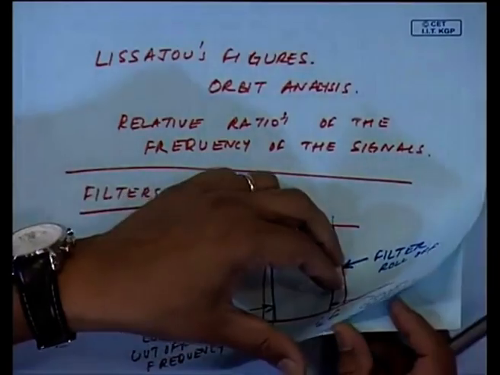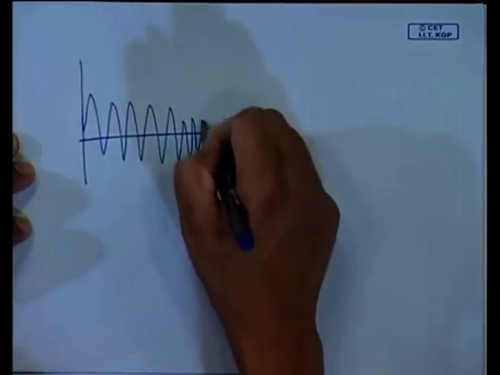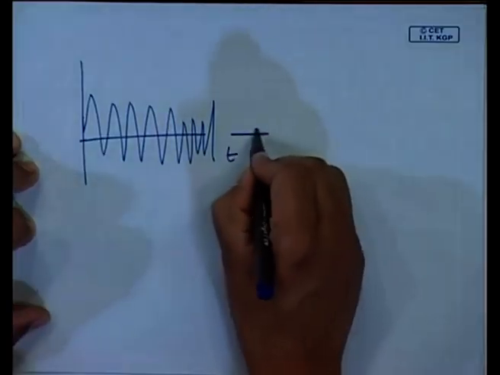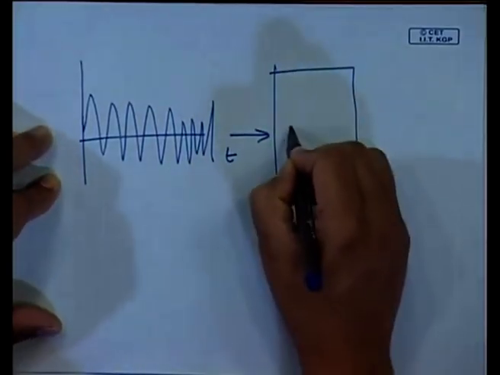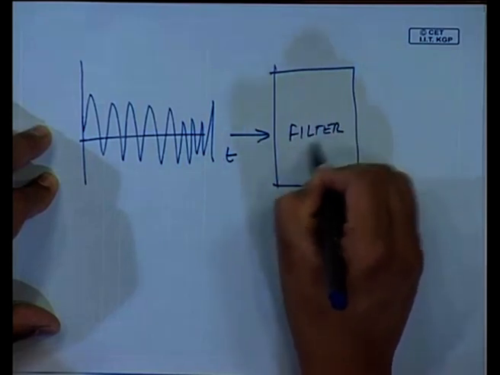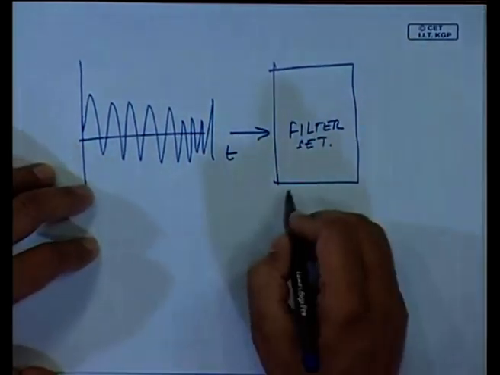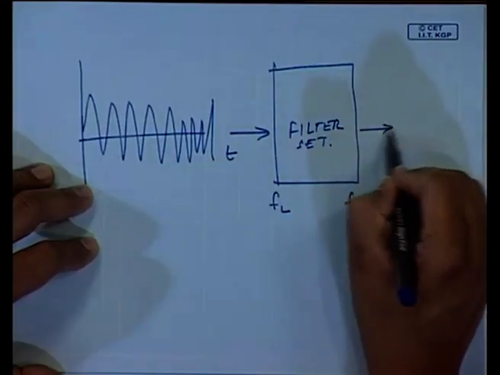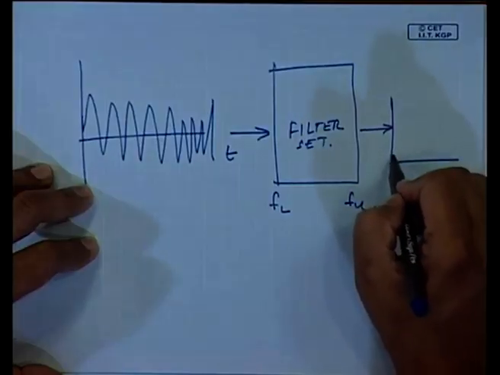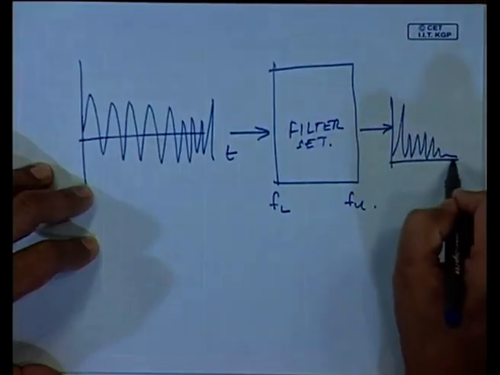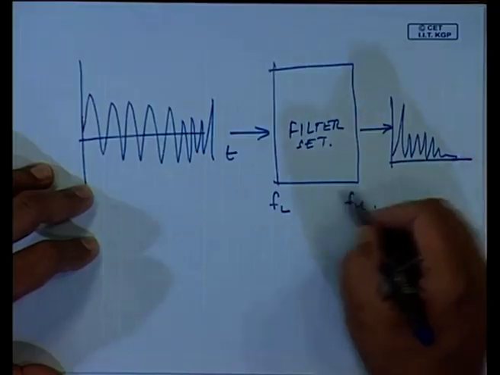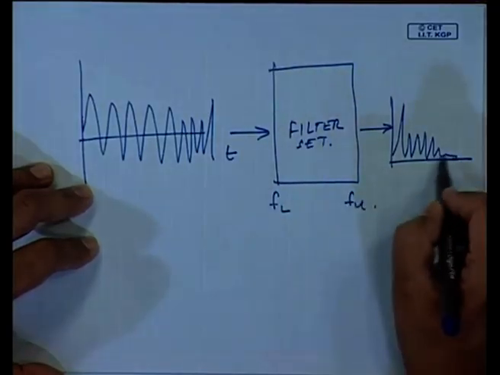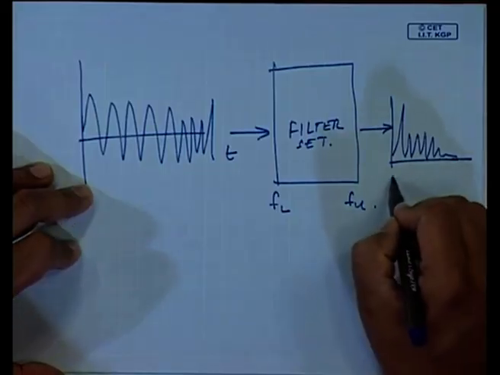So, if there is an unknown signal, frequency is not known, I will pass it through a filter set wherein I know the f lower and f upper, and if I get some signal, I know that this signal has only the frequencies in that band.